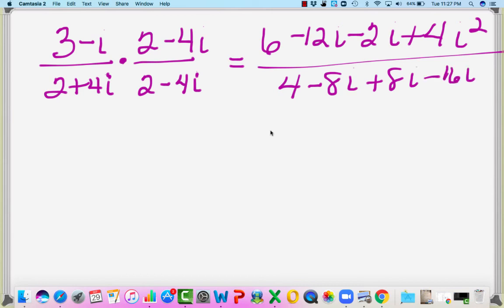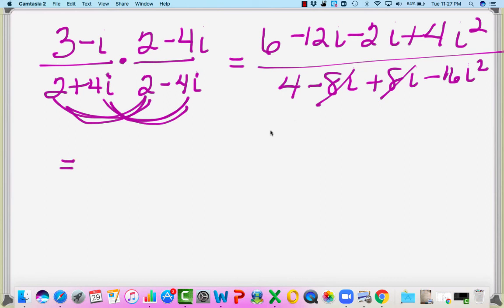So the nice thing that happens when you have complex conjugates is your outer and inner terms will always cancel. So really all you have to do is multiply the 2's and the 4i's. You multiply the first terms and the last because outer and inner will cancel. Now if you don't remember that, you can always just multiply it out completely.